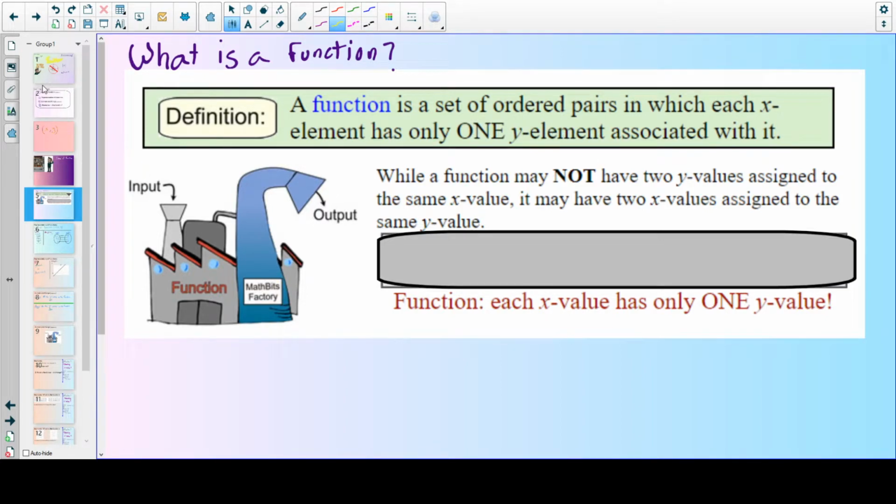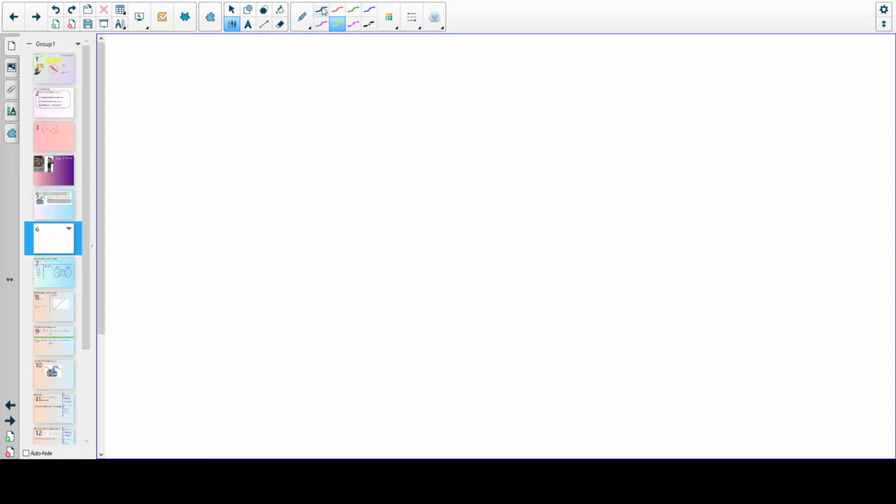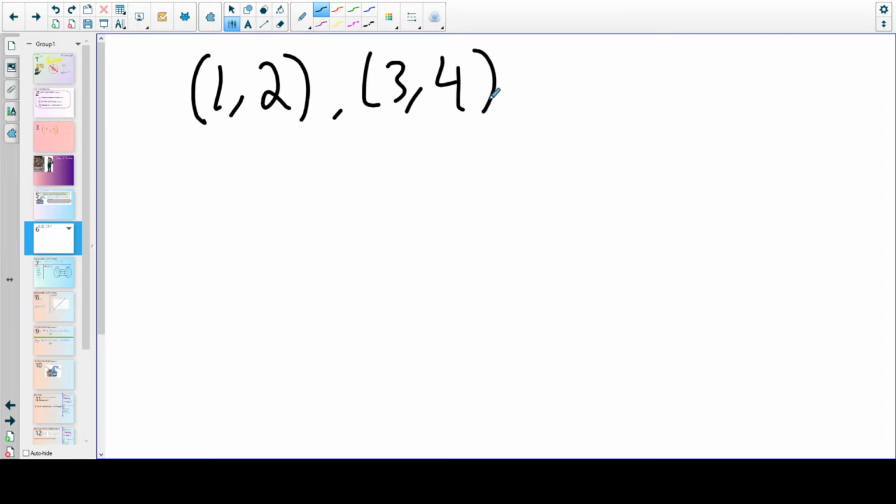So for example, I'm going to make another page. We talked about what a relation is. Let's say I just have a relation: (1, 2), (3, 4), and (5, 6). Remember, my x values are on the left, so 1, 3, and 5, and my y values are on the right, 2, 4, and 6.